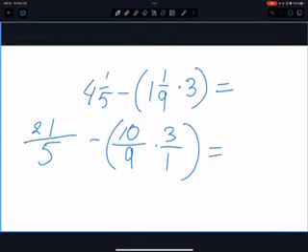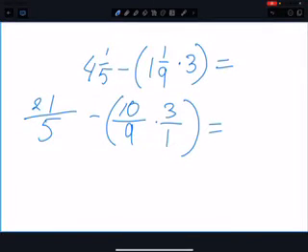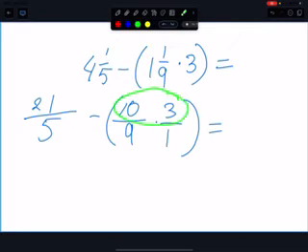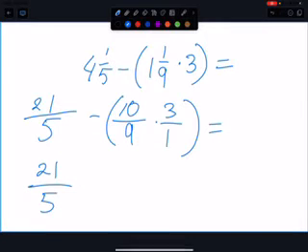Fractions, you've done this since you were 6 years old. So, yes. Numerator multiplied by the numerator. Denominator multiplied by denominator. Your answer becomes subtract 30/9.